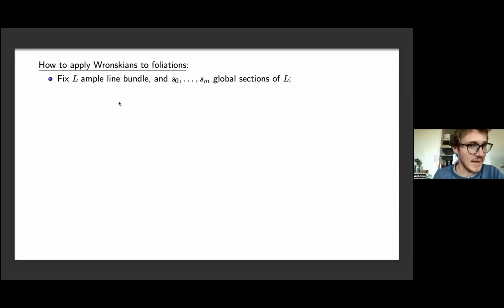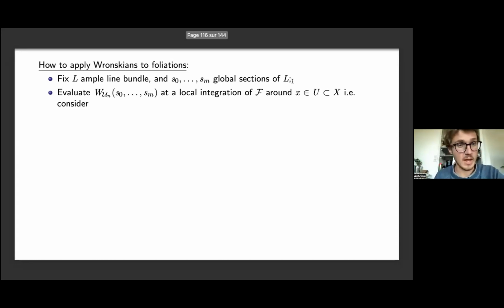So we fix L an ample line bundle, and we fix a global section over it, as before in the setting of hyperbolicity. And so the idea is to evaluate this operator at a local integration of f around x, which means that we would like to consider this number.